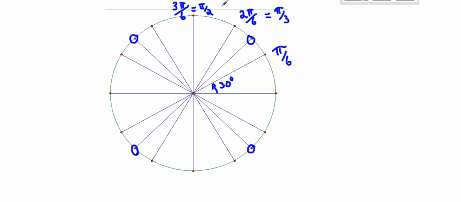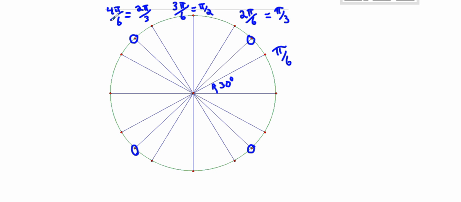So I'm just counting and reducing my points. The next point will be 4 pi over 6, which reduces down to 2 pi over 3. And that's my 60 degrees in quadrant 2.